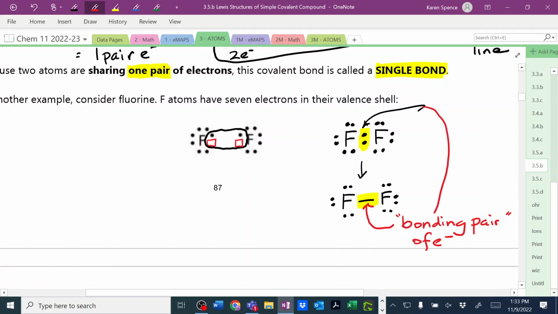Same thing if we have drawn them as 2 dots in between, that's a bonding pair. And that's one of the reasons why it's kind of nice to replace it with a line, is that it clearly shows the bonding pairs as lines.